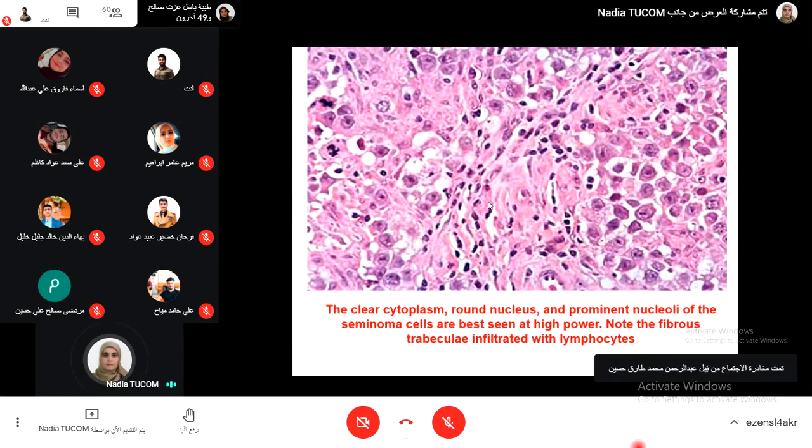Both are germ cell tumors and both are malignant. We say the ovarian one is identical to testicular seminoma, and this is identical to ovarian dysgerminoma.